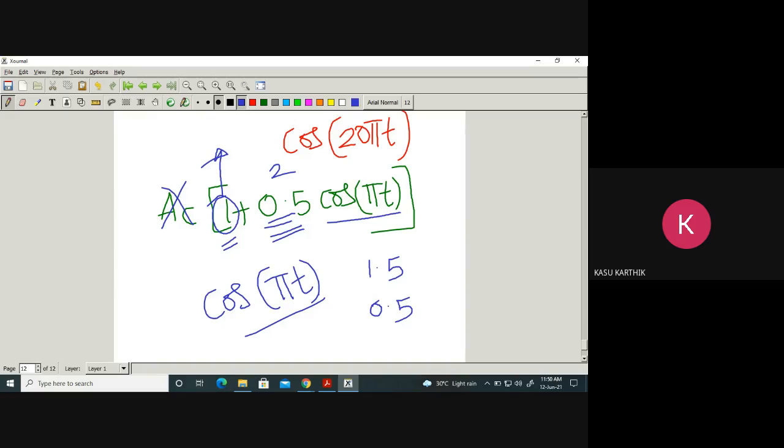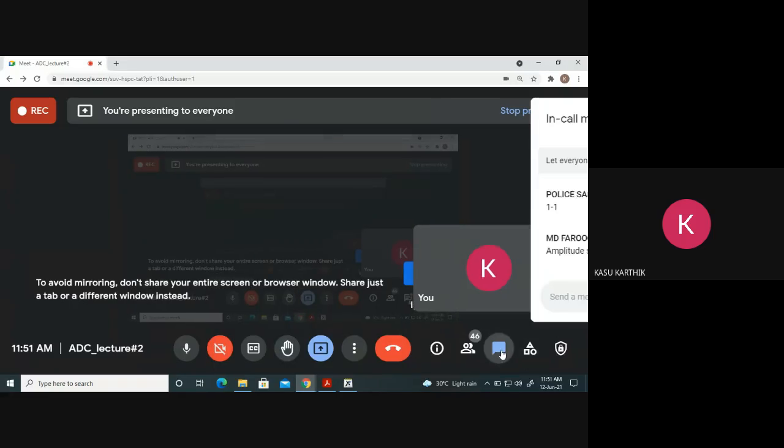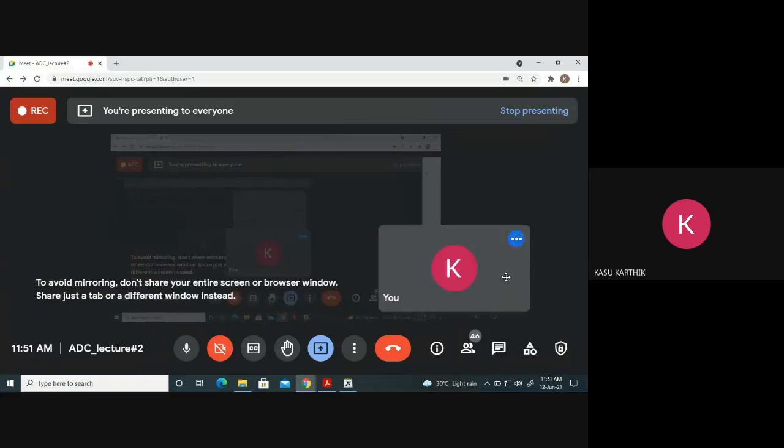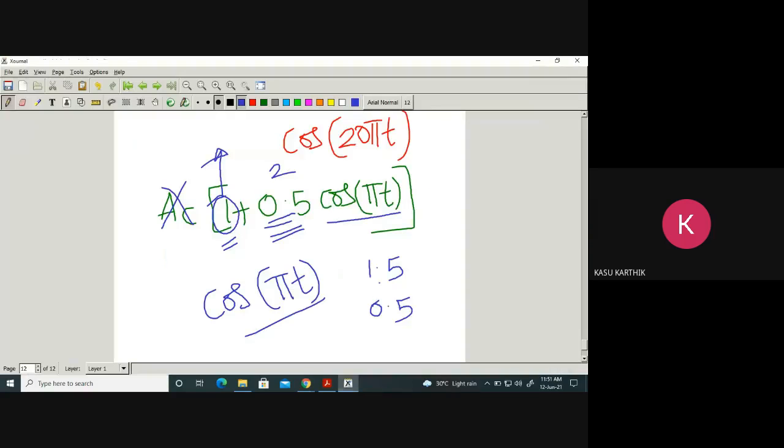So why I am saying demodulation is much more complicated than modulation? You know why? Because while modulating, we are just keeping the message signal on the carrier, but in the channel, noise will be added. So demodulation is very crucial, very important, and difficult also. Why?